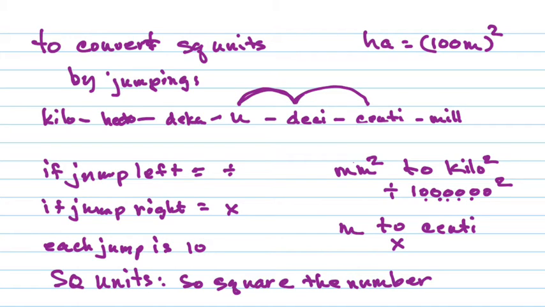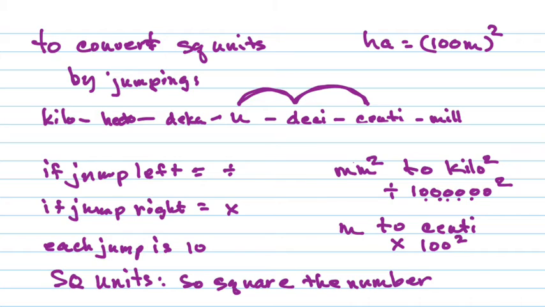And how many jumps did I make? 2 jumps. It's three different units in it, but 2 jumps. So that's 2 zeros, but it's got to again be squared. So make sure you square it because we're measuring in square units. So you have to square.